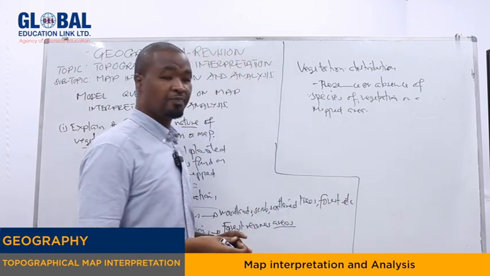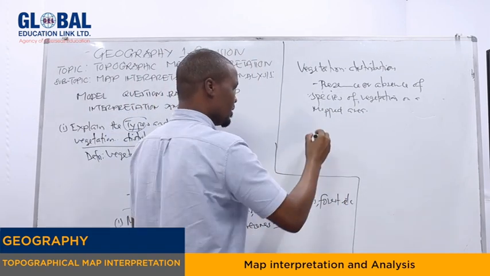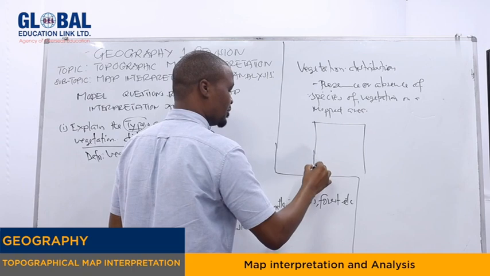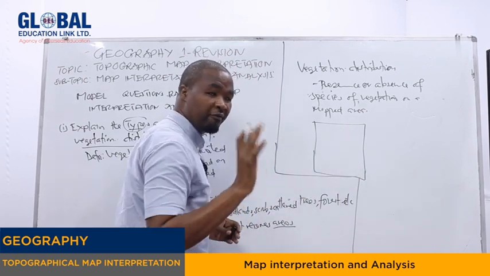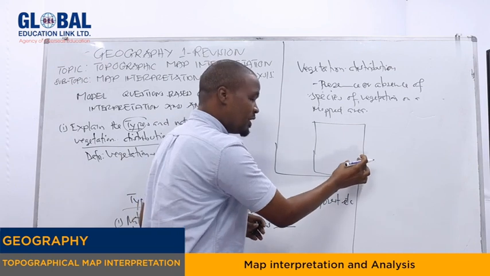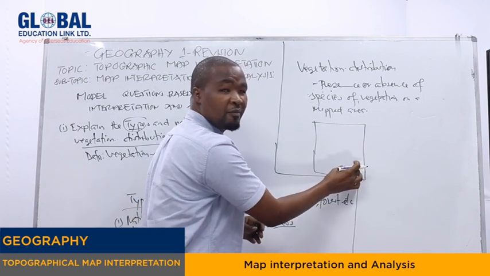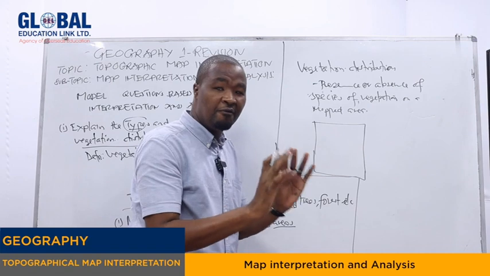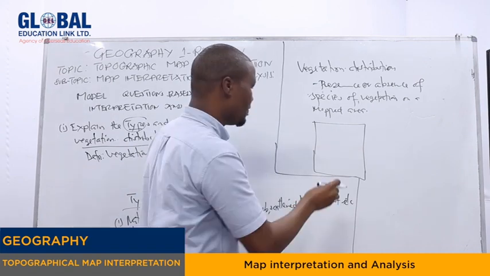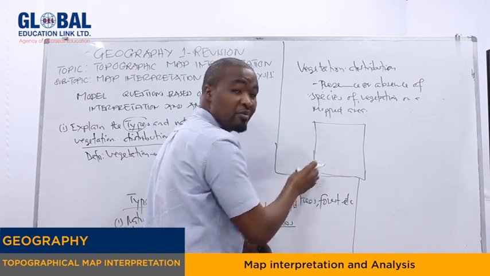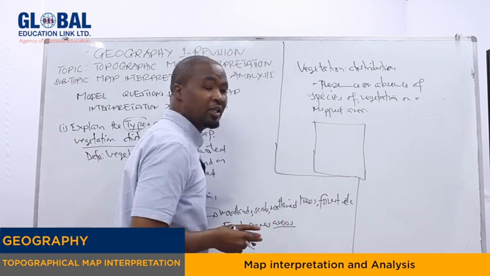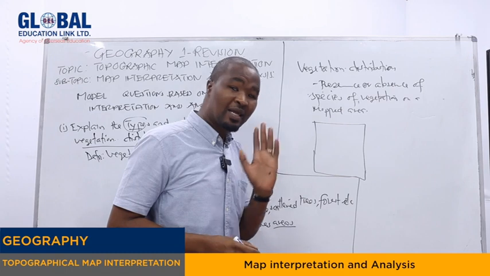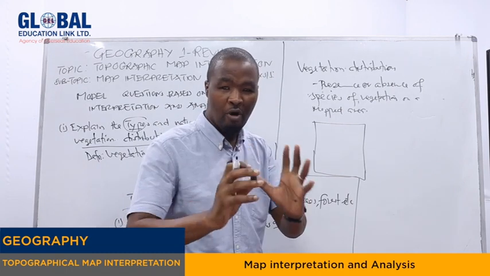What I mean is, let us take an example. Let's say this is our map sheet, see? This is our map. You may find maybe the southern eastern part of my map, there is few vegetation. Then at the central part of the map, there is no vegetation. Then at the northern western part of my map, there is few or more vegetation.